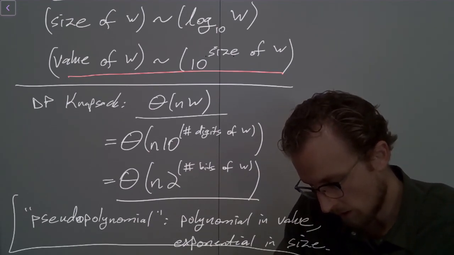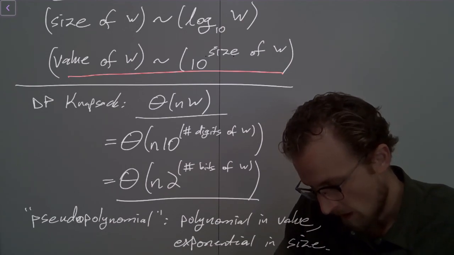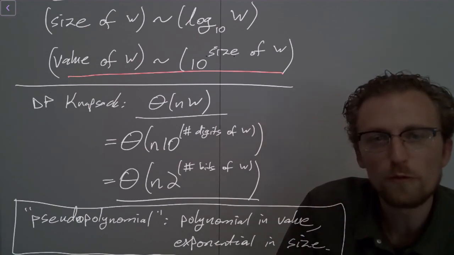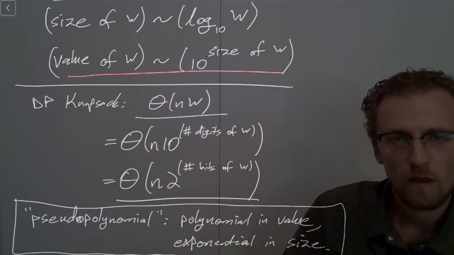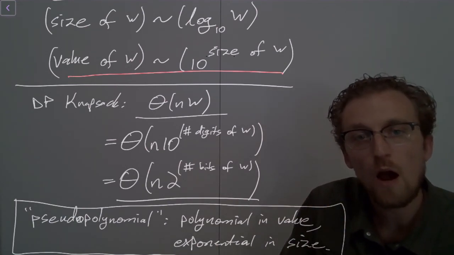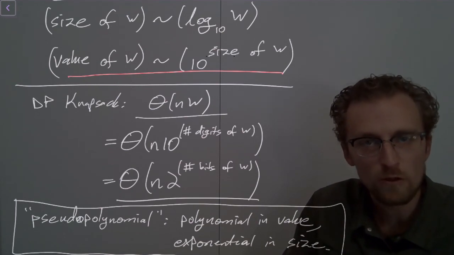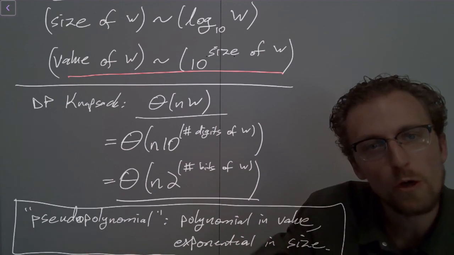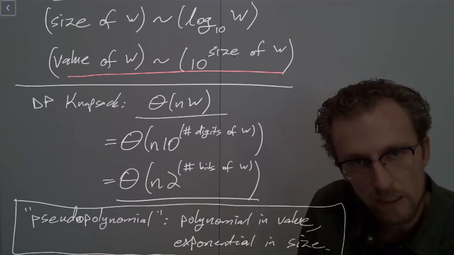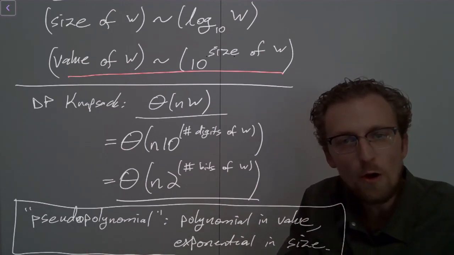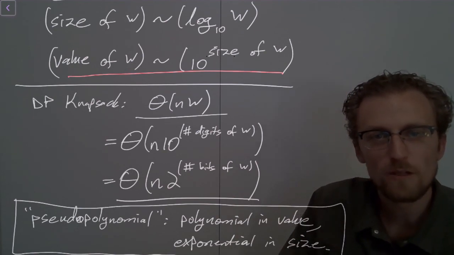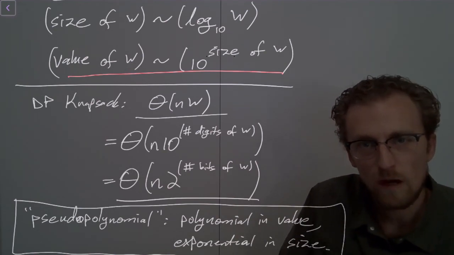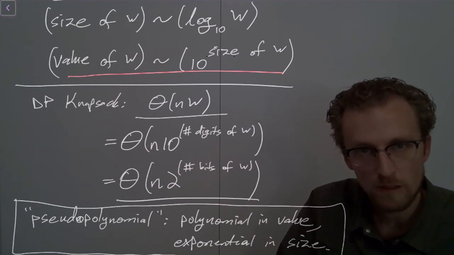Okay, and so there's a lot that we can learn from the knapsack problem, and from DP algorithms for the knapsack. We can get a feel for how DP works in general. We can also get a feel for how memoization, or the memory functions approach, works in general, and how the top-down approach versus the bottom-up approach can relate to each other. And then we also get to learn about this concept of a pseudo-polynomial complexity for an algorithm: polynomial in the value and exponential in the size.